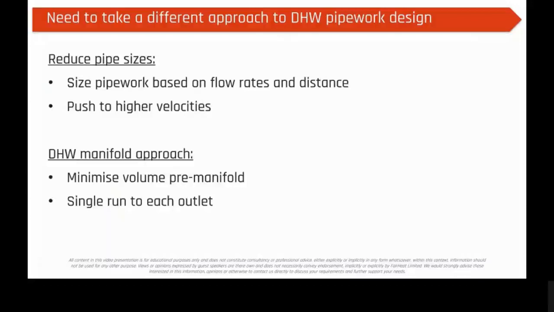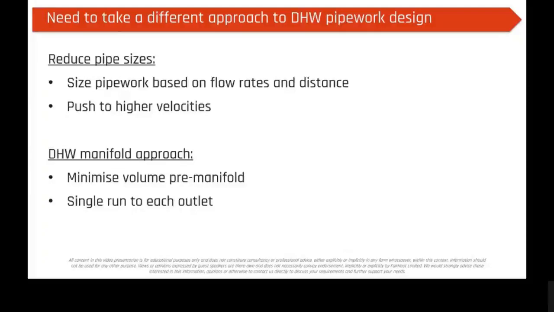The reason that we've had high losses and long delivery times on heat networks is that the pipework size to take the hot water that's generated by the HIU to the outlet has been too big. And the prime example, imagine the pipe size to a bathroom that will be supplying a bath and a wash hand basin. Now the bath might need 12, 14 litres a minute, but the wash hand basin might need 4 litres a minute.